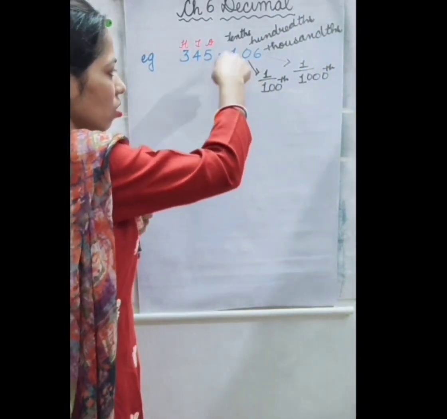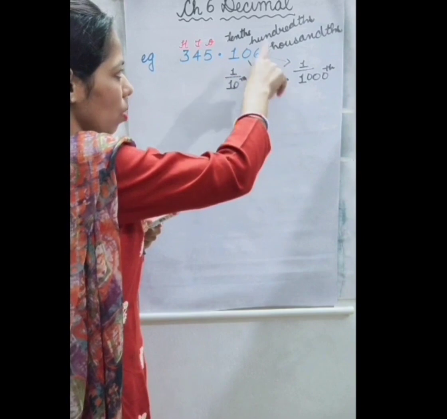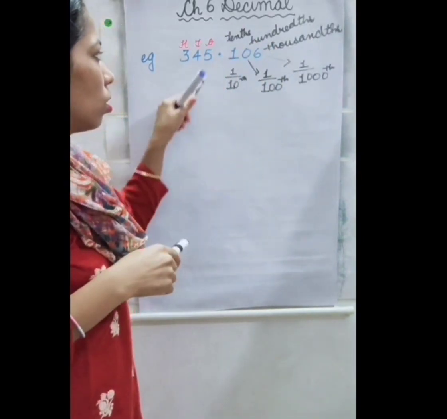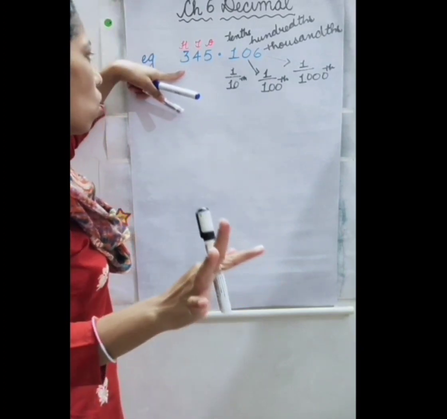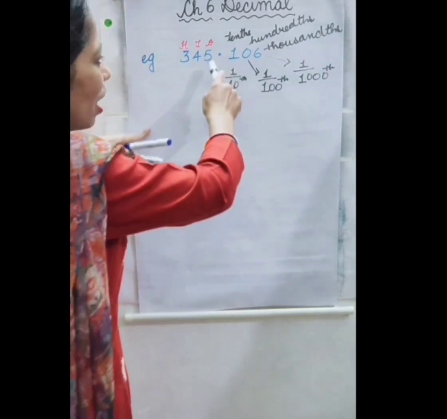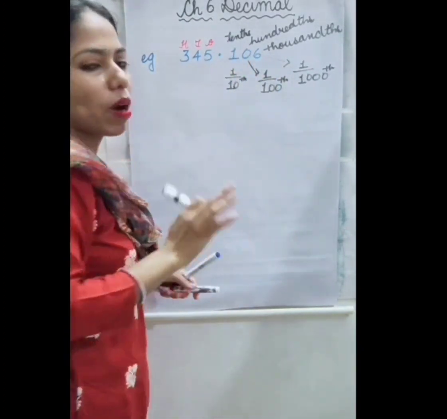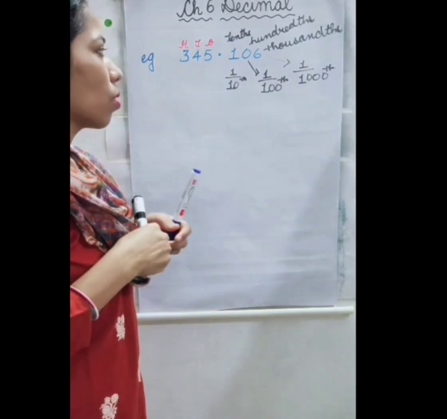It will be the tenth part of a fraction, the hundredth part of a fraction. So this side of the number is the whole part, or integral part, and after the decimal it is the decimal part of the number.